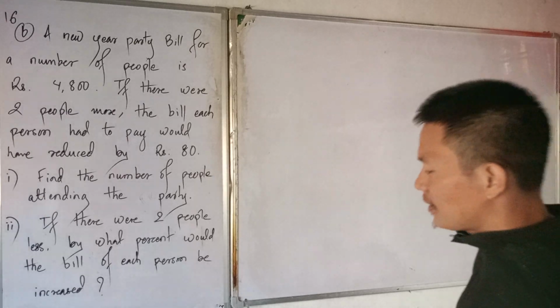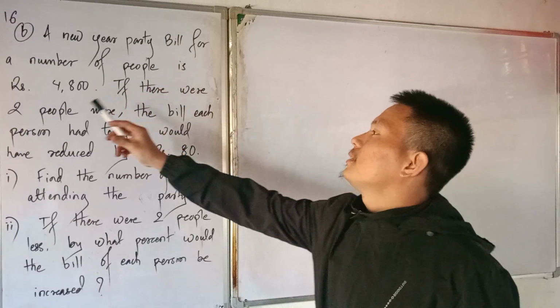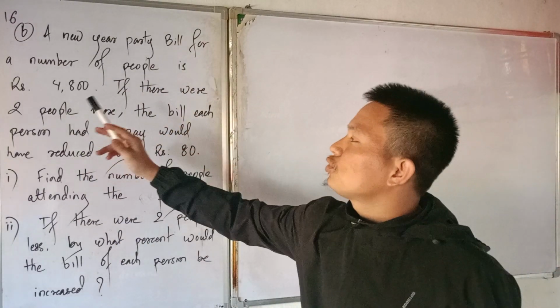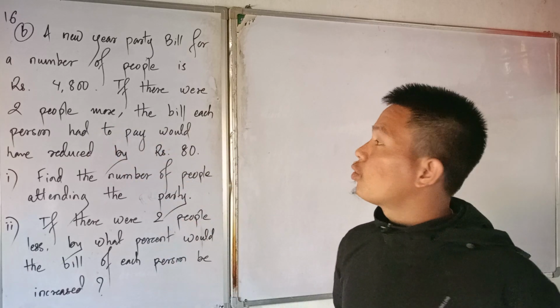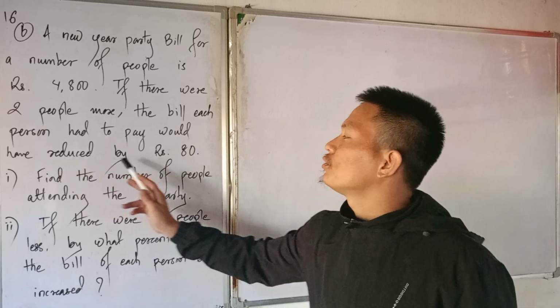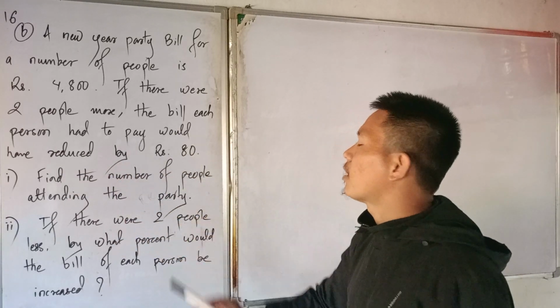Now you see there, a New Year party bill for a number of people is rupees 4,800. If there were two people more, the bill each person had to pay would have reduced by rupees 80. So find the number of people attending the party.